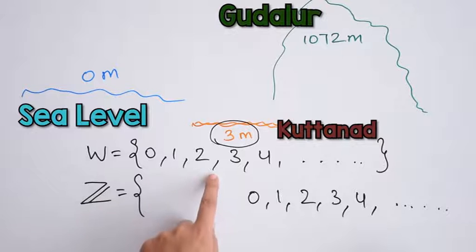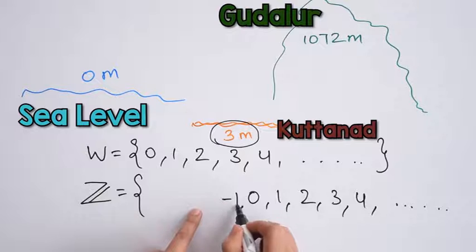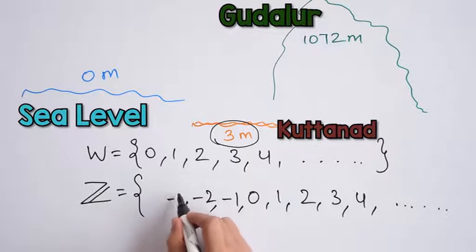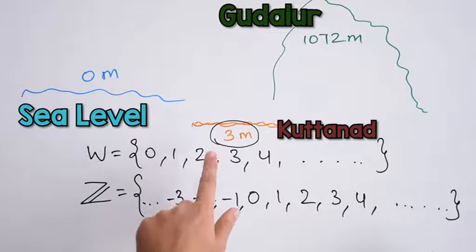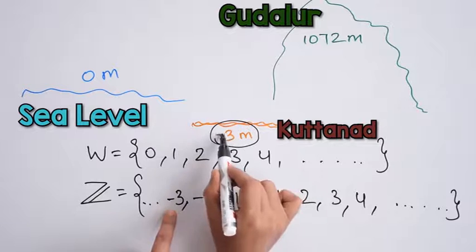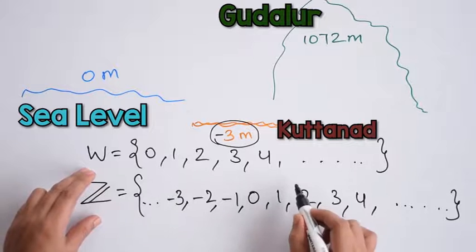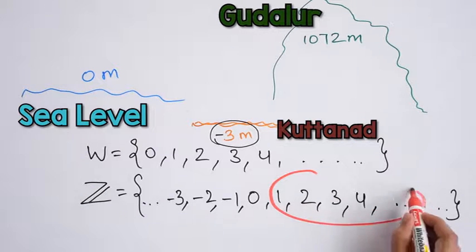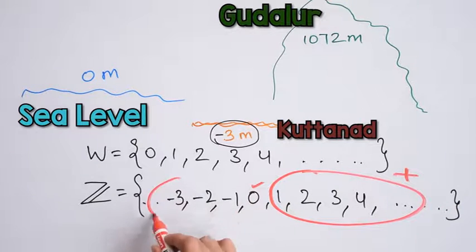Along with these whole numbers, it also has negative numbers, that is -1, -2, -3, and so on. It keeps on continuing like this. Now the altitude of Kuttanad is here, which is -3. Got it? Integers is a set which has all the positive numbers and 0 and has all the negative numbers.